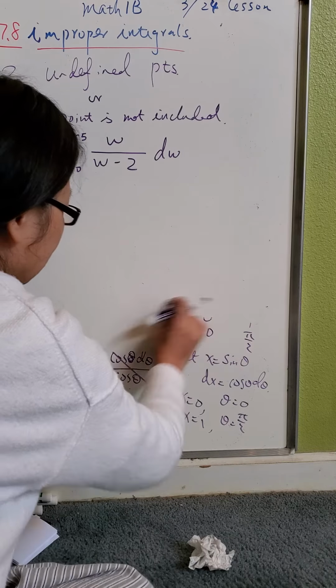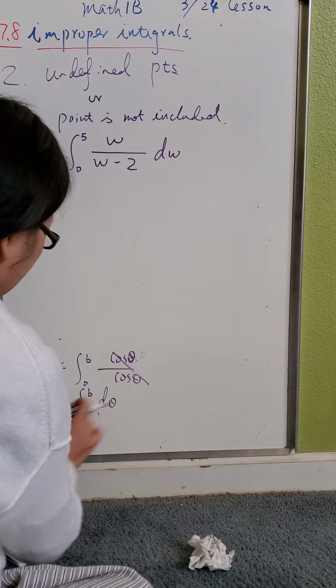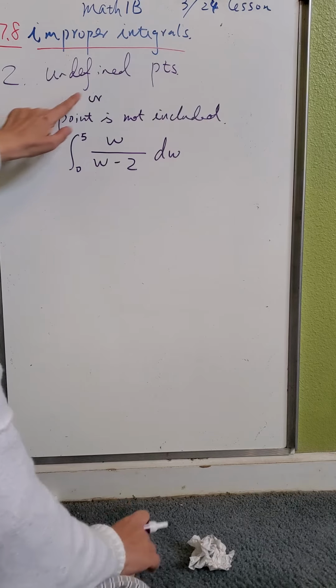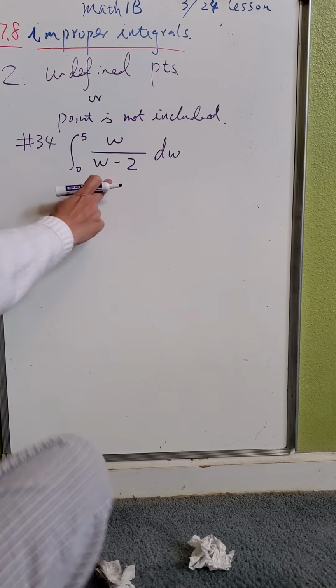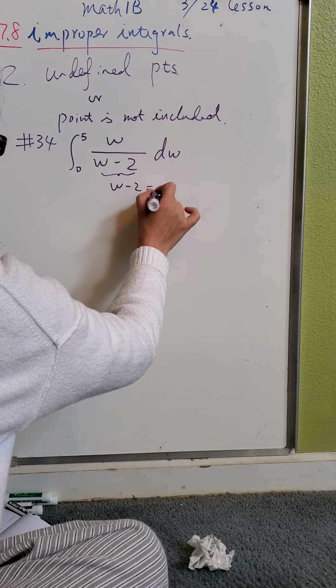But now, how come this one has a problem also? Well, that's because if you look at what I wrote on the top, I said undefined point. There's an undefined point here. Look at this: W minus 2 cannot equal 0.